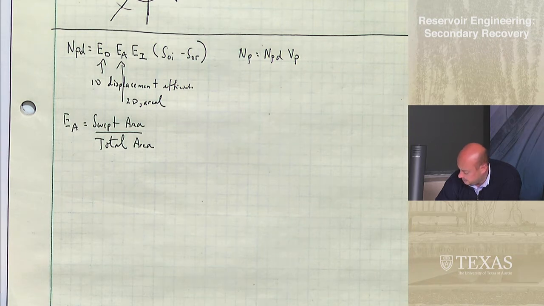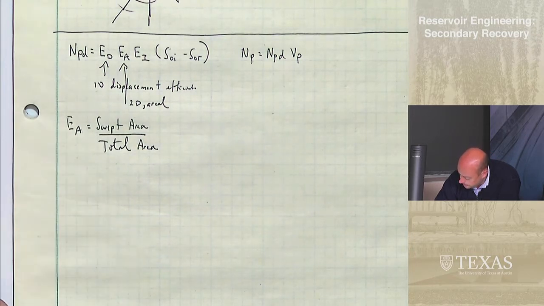I don't know if it's helpful or not, but my analogy is if you're trying to cut the grass, then your swept area is the percent of your lawn that you've contacted with your lawnmower, right? And so that changes with time probably. So at early times you don't have very much sweep, but as time goes on that increases.